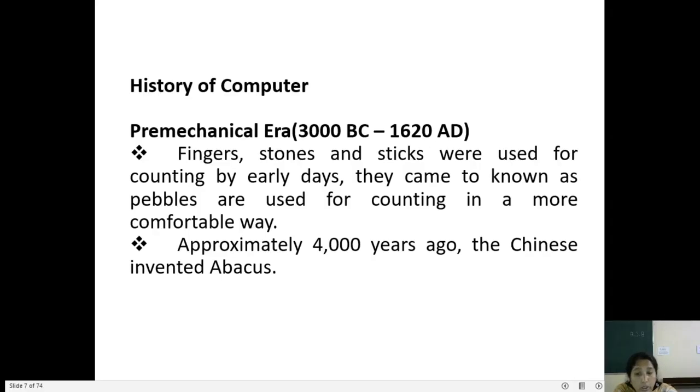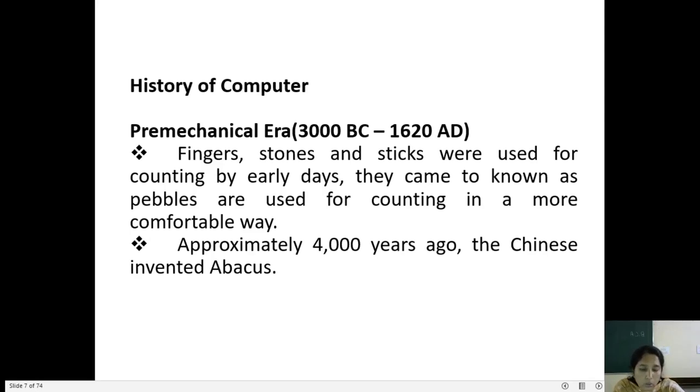Nowadays also our grannies use pebbles or other things for counting, for example in a pebbles game. This is what they used in the pre-mechanical era, from 3000 BC to 162 AD.